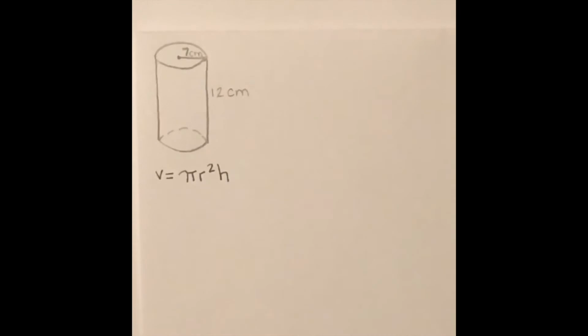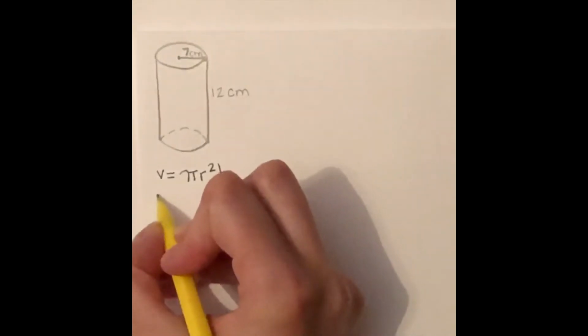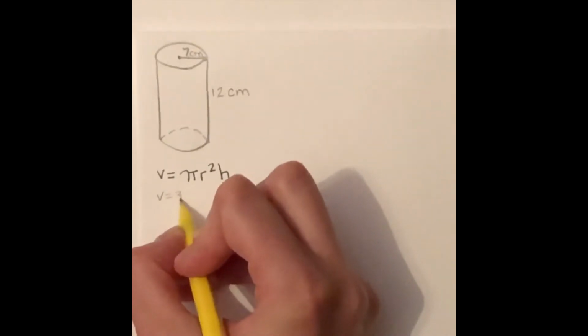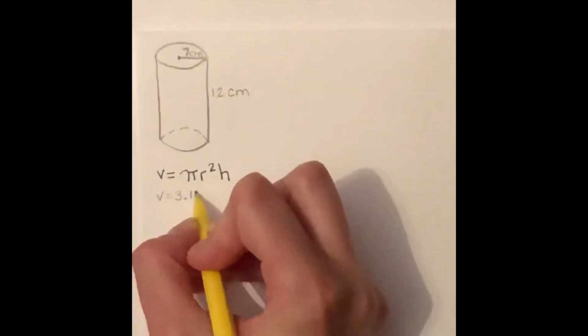When I want to find the volume of this cylinder, I'm going to plug in the pieces that I know for this problem. Just for the sake of this problem, we're going to use 3.14 for pi. So where pi is in my formula, I'm going to replace it with 3.14. And r stands for the radius.